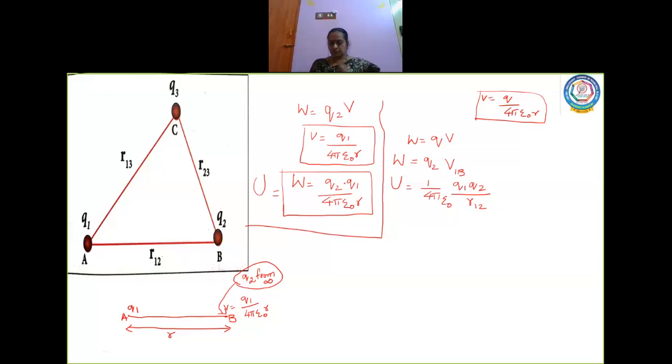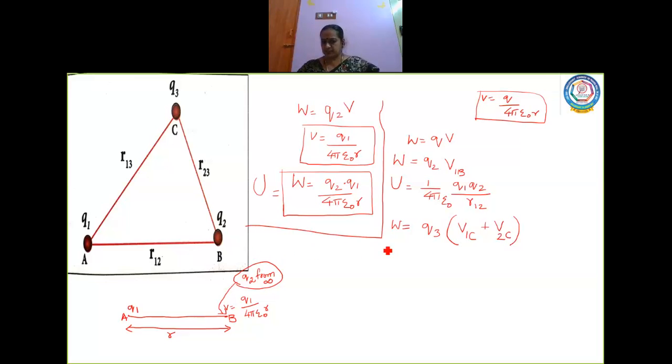Clear, children? So, what will be the work done to bring the charge Q3? The work done is again Q3 into the potential at C due to A and the potential at C due to the charge Q2. Is it clear?